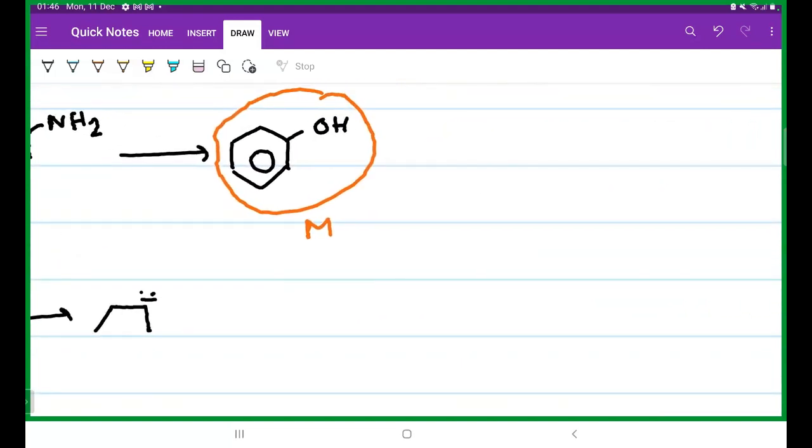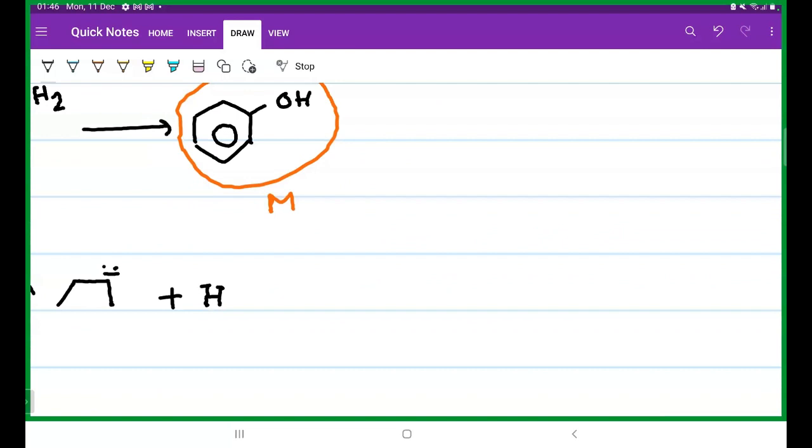All right. And after that, HCHO. This is not actually a carbanion, but a substance which will basically behave like a carbanion.